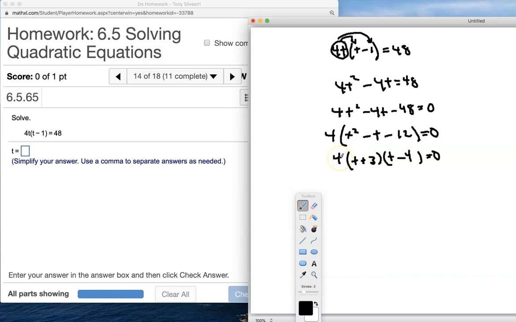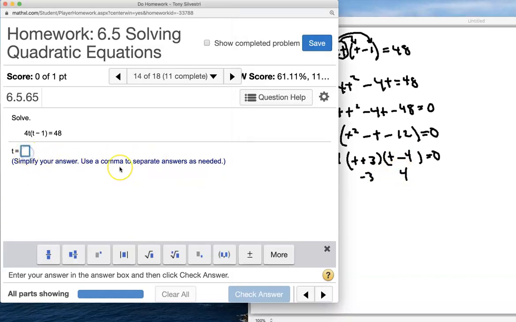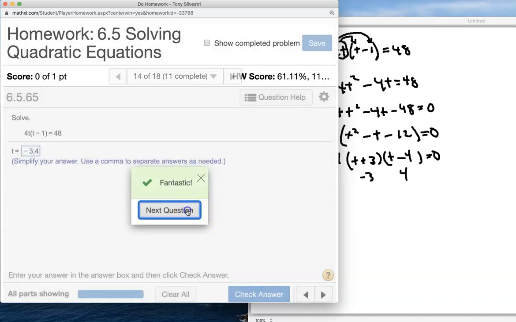Forget about taking this 4 and setting it equal to 0. It does us no good. There's no variable there, so forget that. This is going to give me minus 3, and this one's going to give me 4. And so there we go. Minus 3, comma 4. Check your answer. Good job.